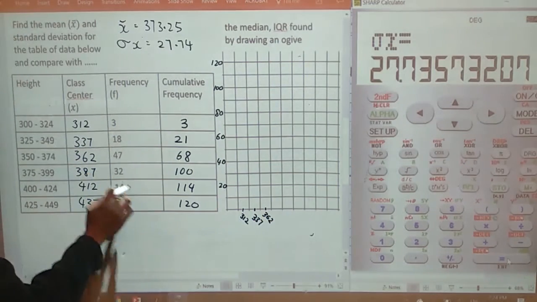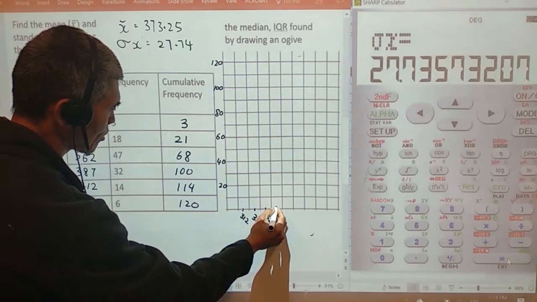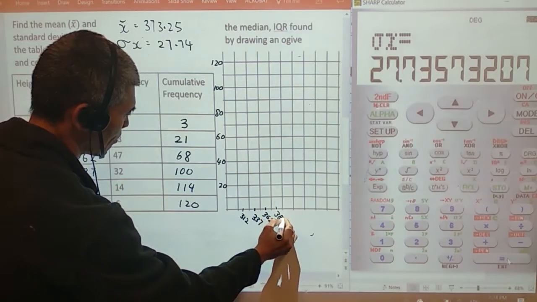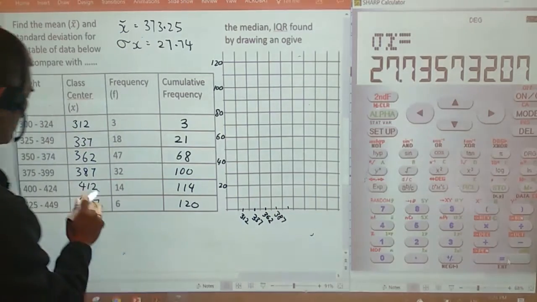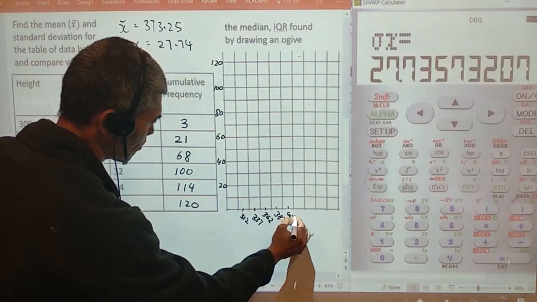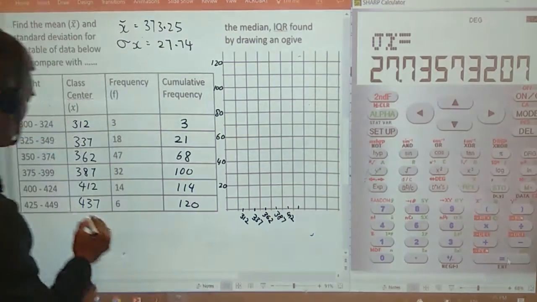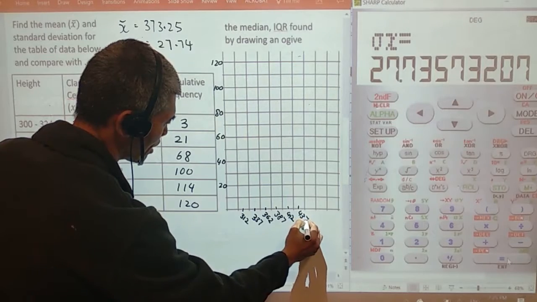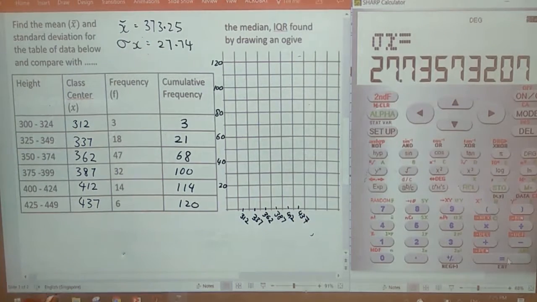We have a class center at 387. We have a class center at 412, and we have a class center at 437. Awesome.